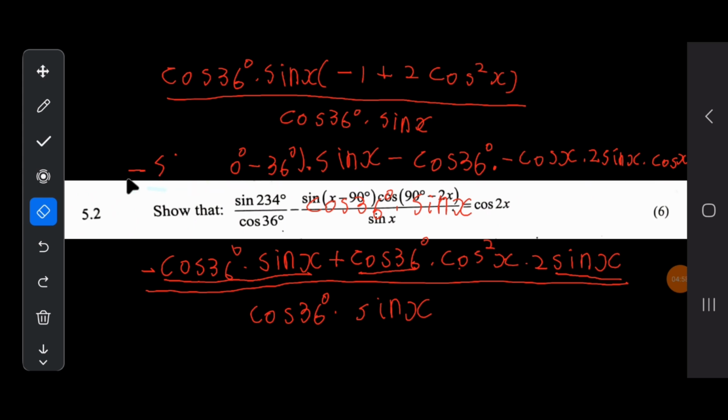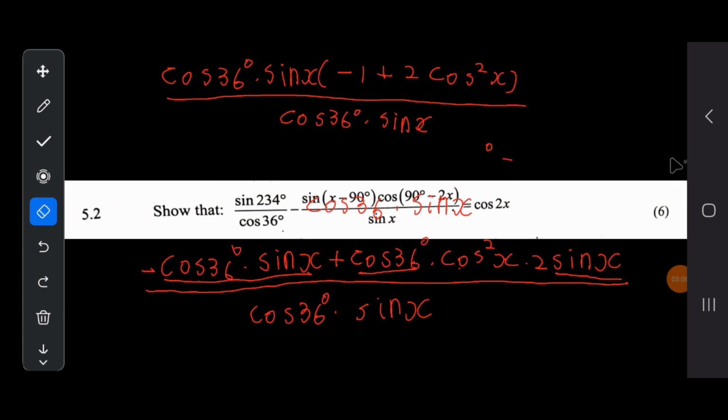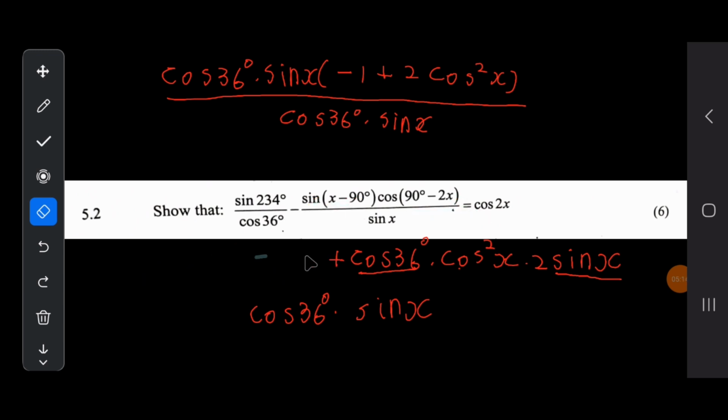Allow me to rub this. Allow me to remove this because it's no longer in use now. We've already passed that point. So I think now you can see it more clearly. You can see that after removing your common factor, there's something that we can cancel. There's something that we can use. There's something that we can remove.